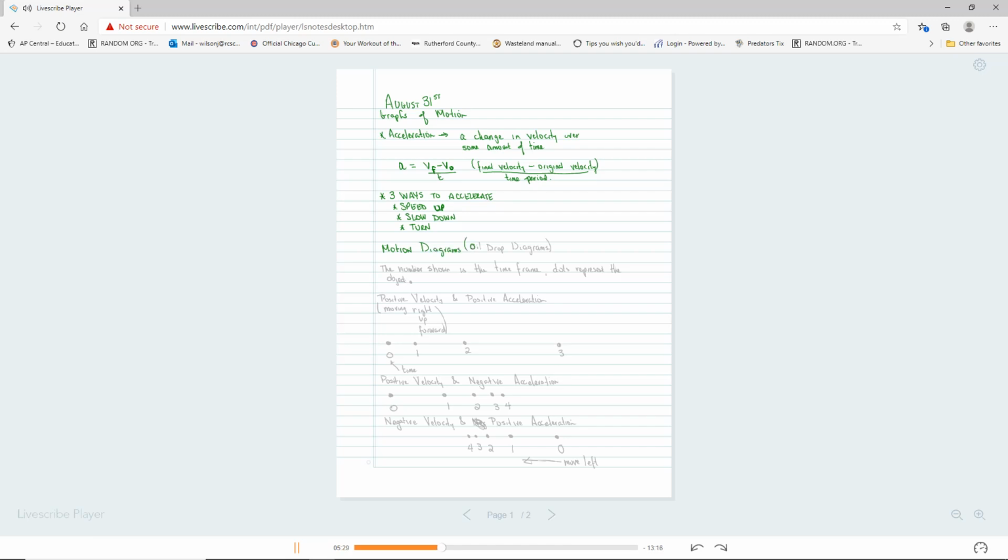You will sometimes hear them called oil drop diagrams. The number shown is the time frame.